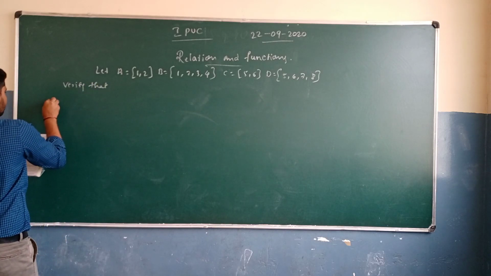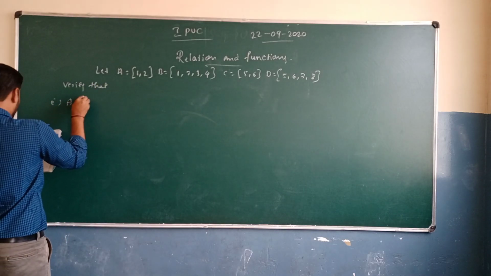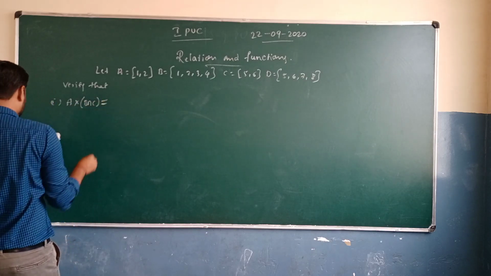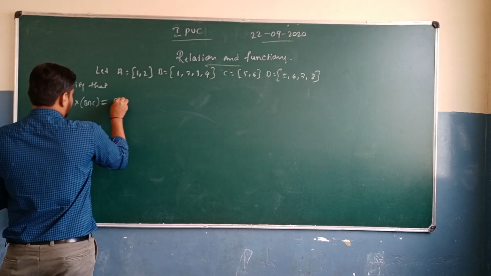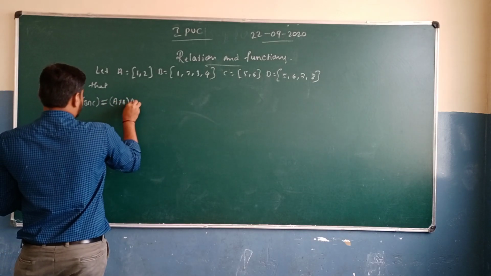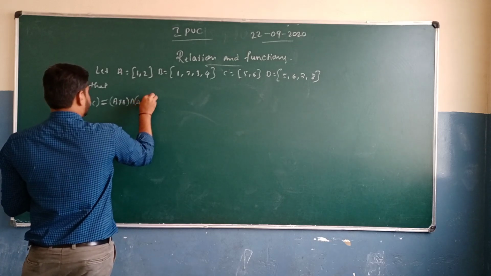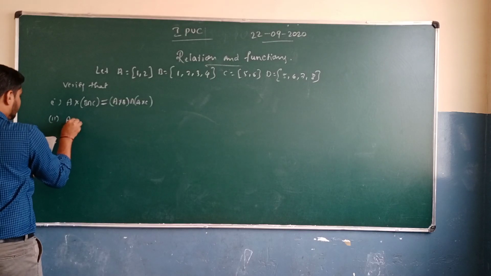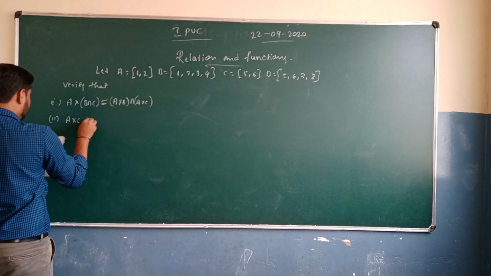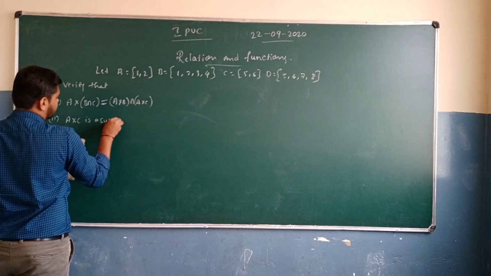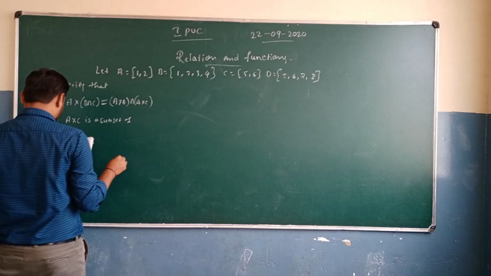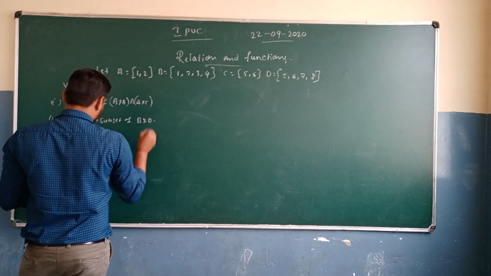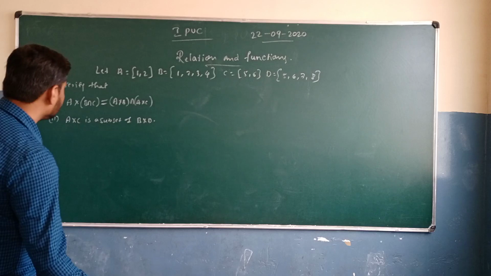The first one: A × (B ∩ C) = (A × B) ∩ (A × C). The second one: A × C is a subset of B × D. Okay, so we need to verify these two things.